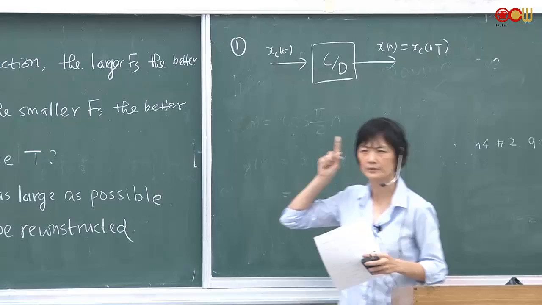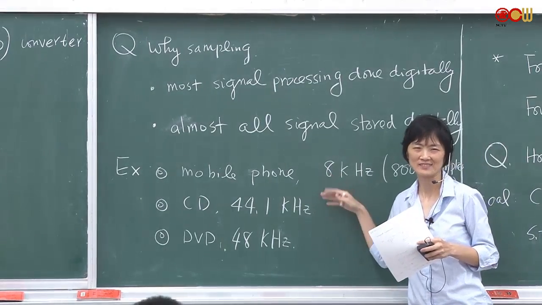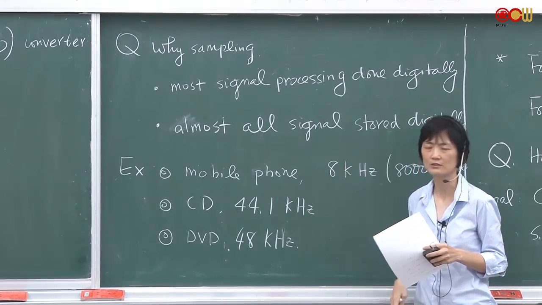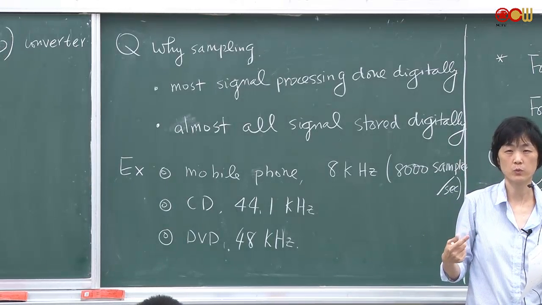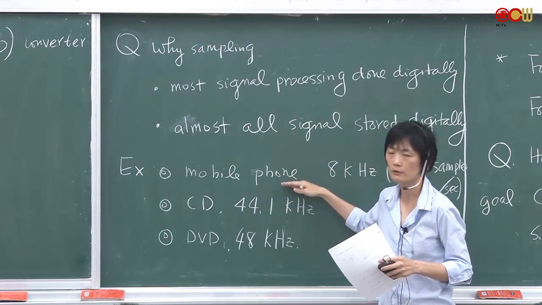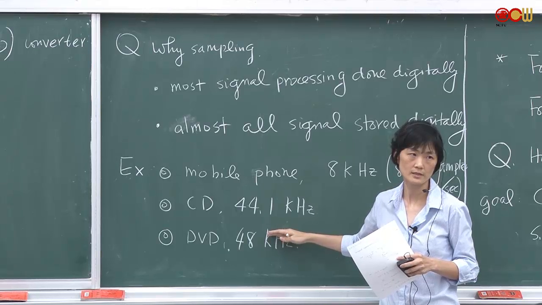Oh well, that brings us to another point about all these different sampling schemes. For mobile phone, it's 8 kHz. For CD, it's 44.1. Of course, CD has a higher quality, but one very important aspect is that this is for mobile phone application, and this is for CD application, right?